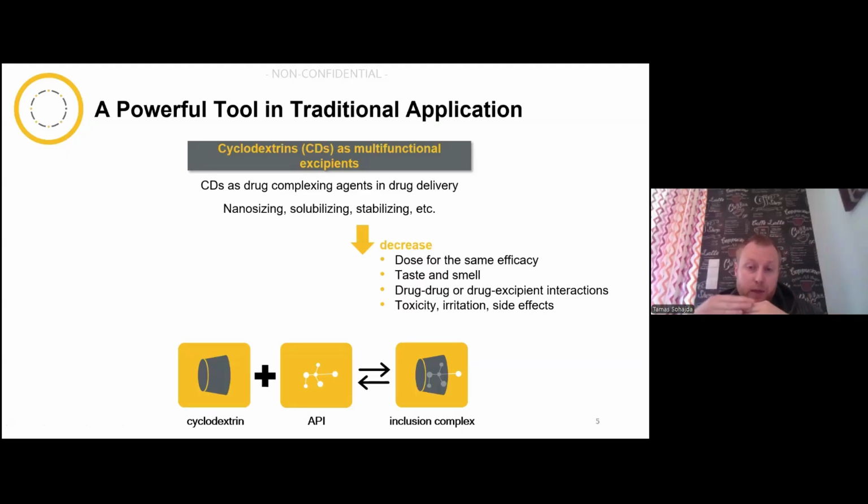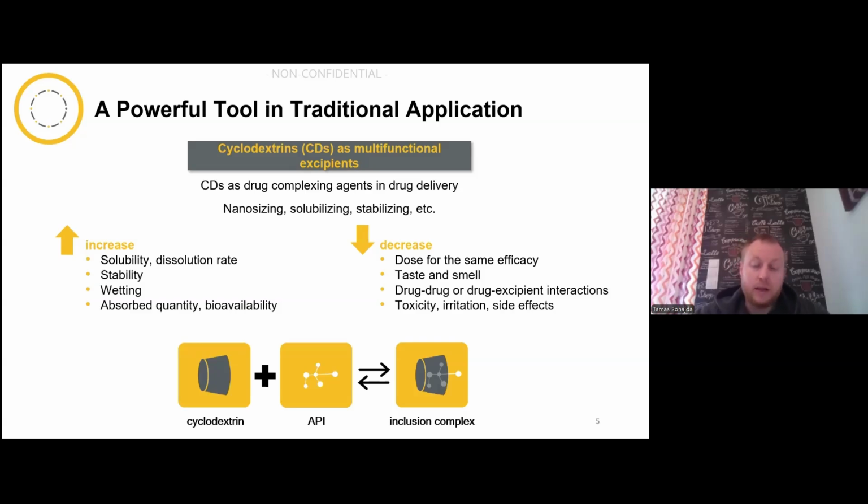So this means that it would mask its taste, it would mask its smell, it could mask the irritation it would cause on the surface of the skin. So to some extent it could mask the toxicity itself. And also it can increase the solubility, because this complex has usually the solubility of the cyclodextrin, not the solubility of the active ingredient. Not always, but okay, we'll get to that.